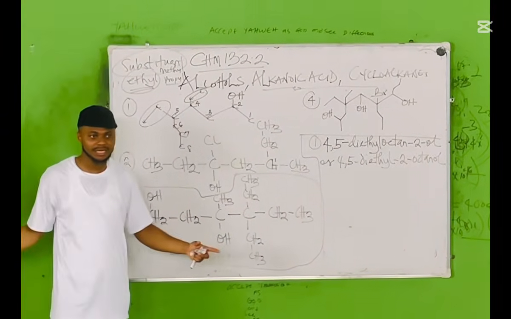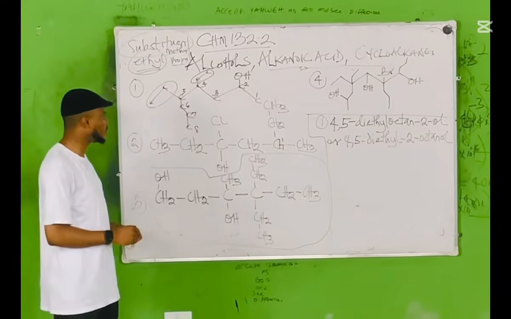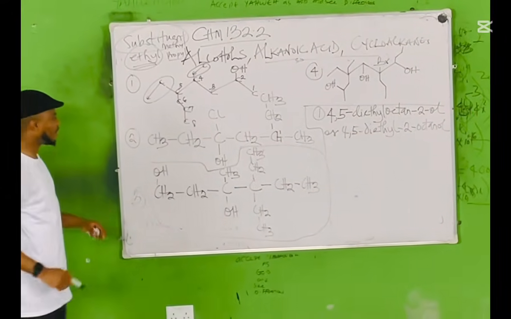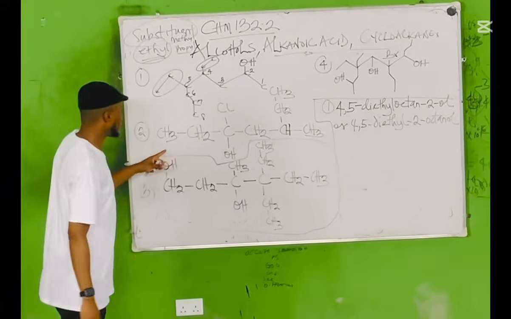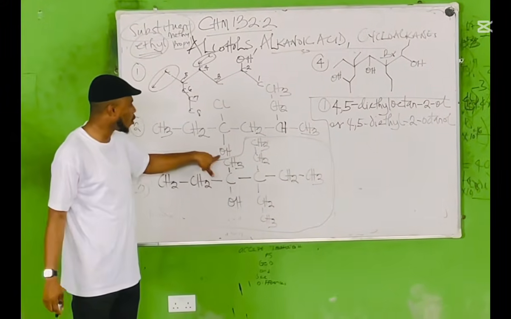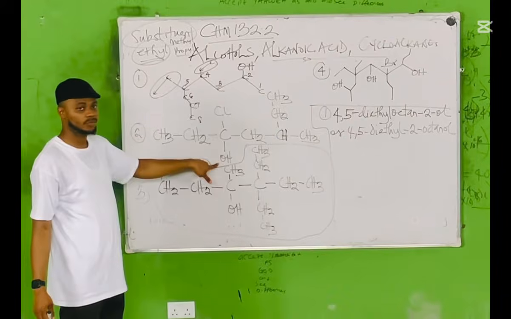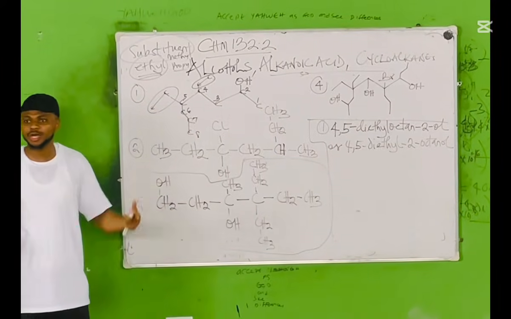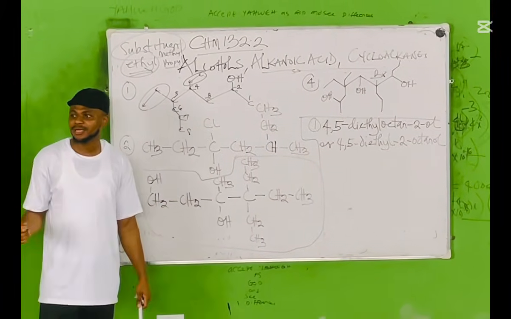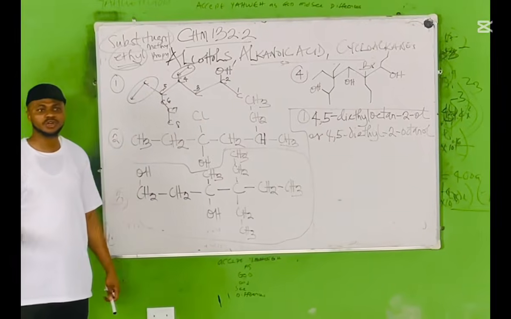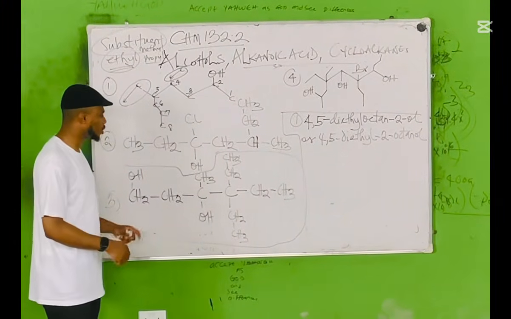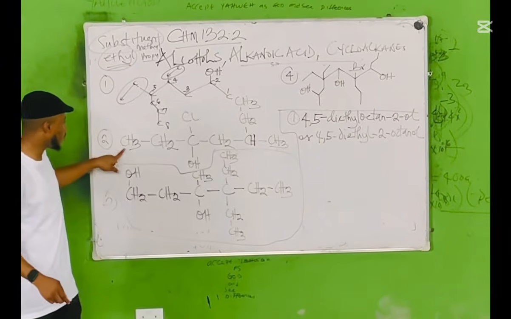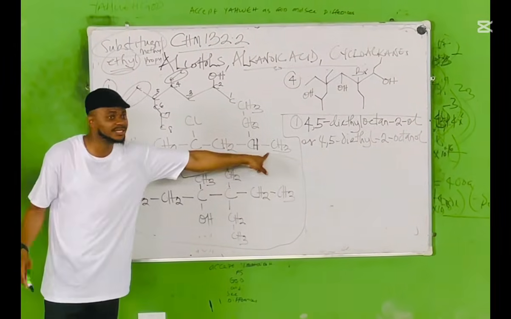Are we together? Now let's move straight to the second structure. Now for the second structure, we have an alcohol group here. But you know, as our culture is, we have to first determine the longest continuous carbon chain, right? Now, if we have determined the longest continuous carbon chain, the straight chain is 1, 2, 3, 4, 5, 6.